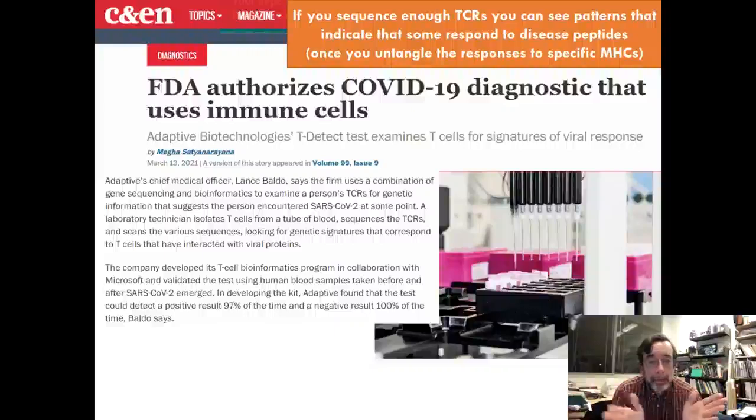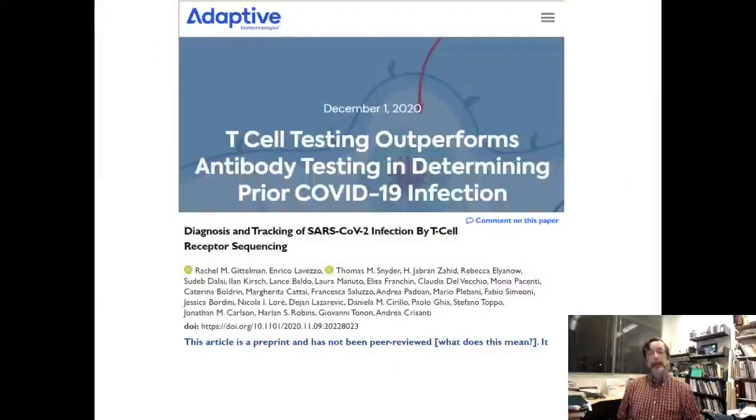Actually, it was testing before and after, and it could find T cell responses that correlated with COVID 97% of the time and correlated with not having COVID 100% of the time. Very cool. And they even let it be put out there that you could do this. You could have your T cells tested.